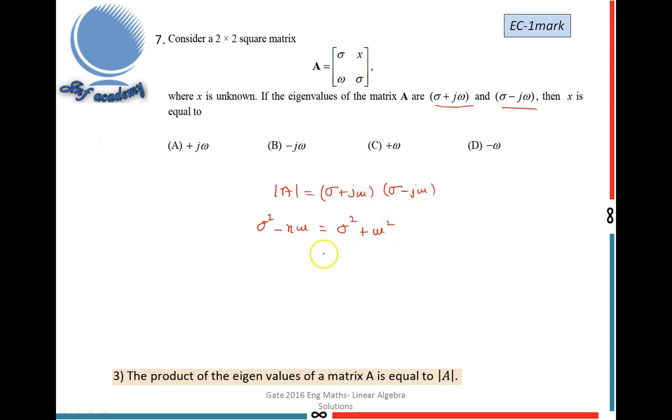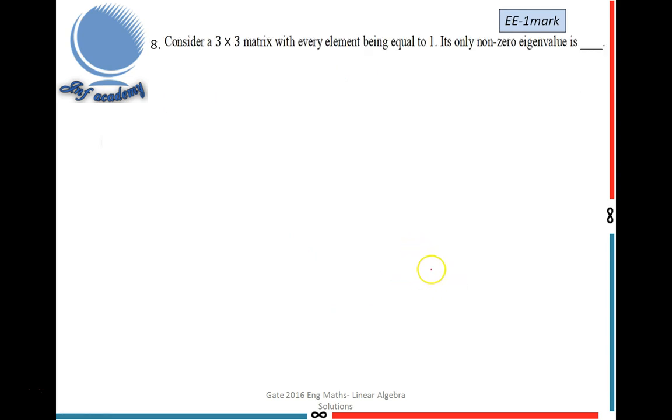So sigma square plus omega square. Cancel sigma square on both sides: minus x omega equals omega square. Cancel omega again, we get minus x equals omega, so x equals minus omega. So option D is the correct answer.